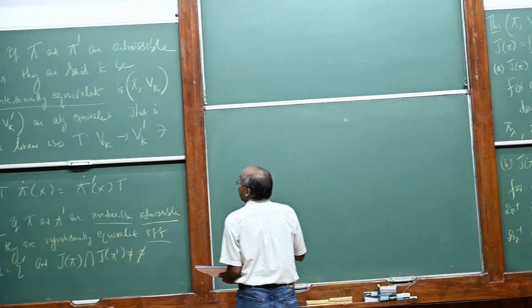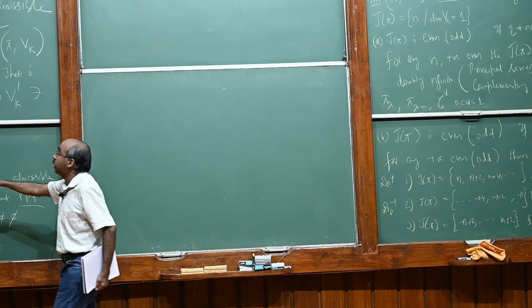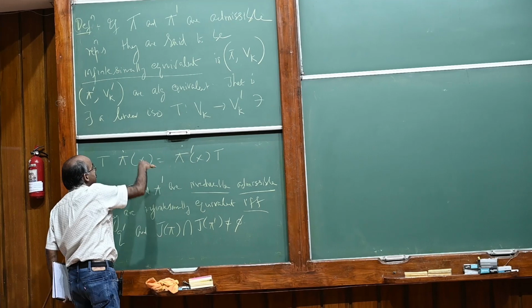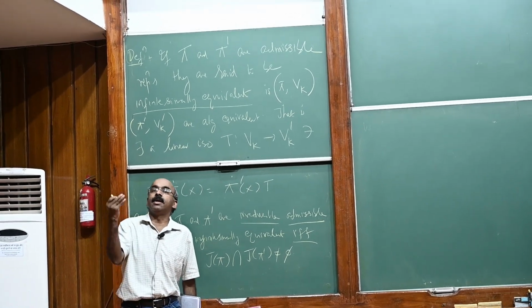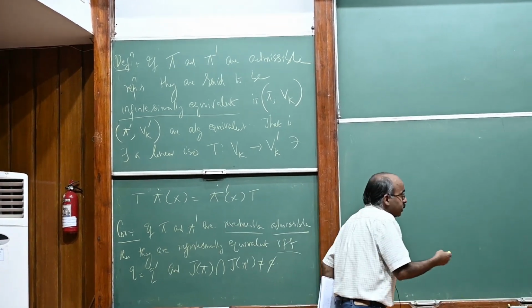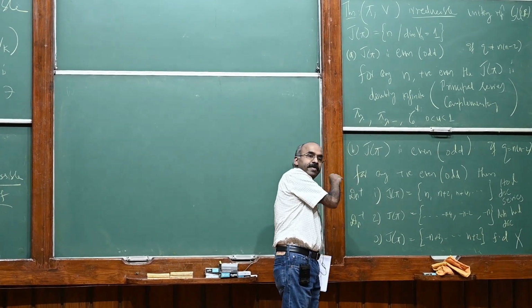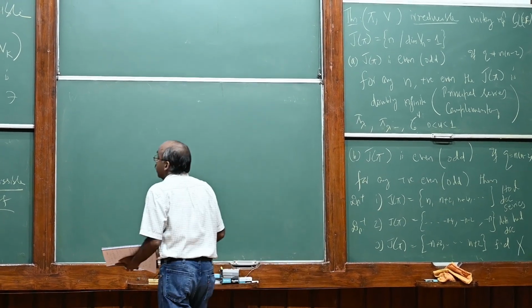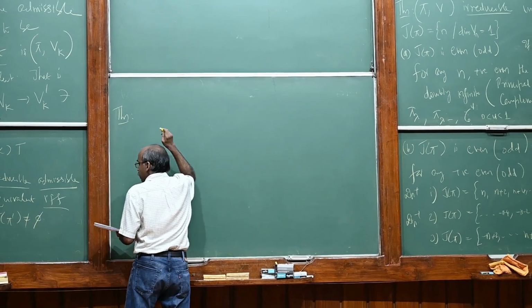So the last result we need to complete the classification is that whenever we have two unitary irreducible representations which are infinitesimally equivalent, they are also unitarily equivalent. So to check if something is unitarily equivalent to the list we have, we just need to check the infinitesimal value. This is the theorem, which I will not prove.